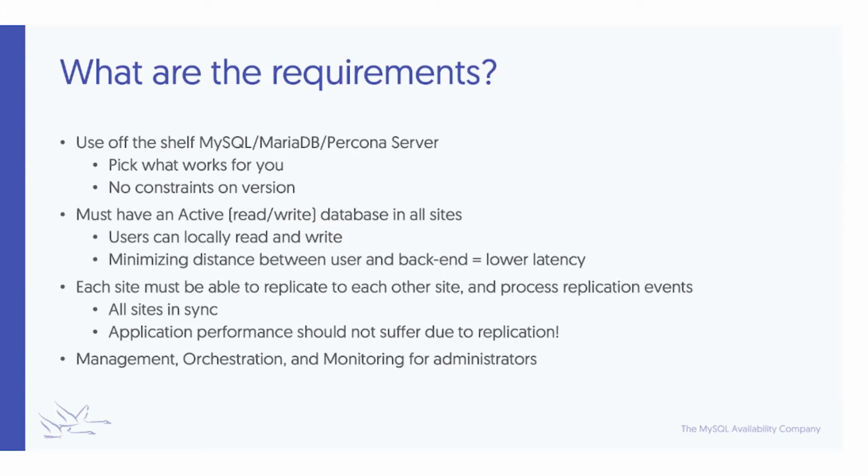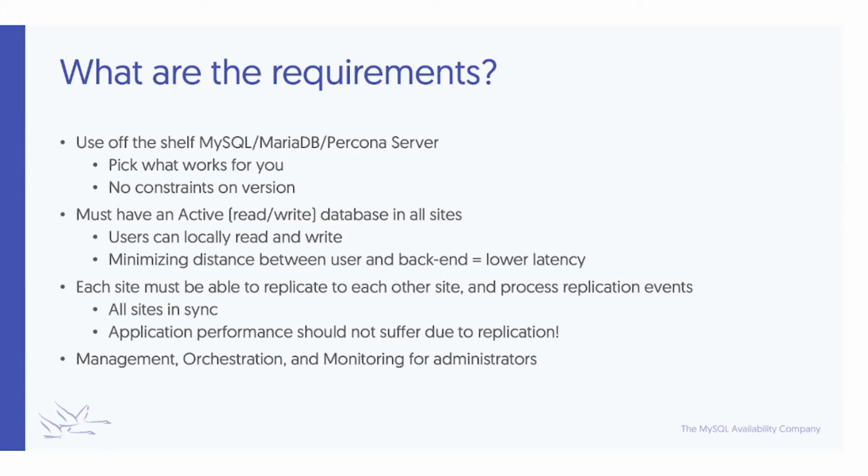We don't want to see an impact to the user just because we're replicating to other sites and we're geo-deployed. And then finally, this needs to be an easy to use package, right? We don't want to have any DIY components. We don't want to have to build additional scripts or mix and match components. We need everything in one package. So that's the management aspect, the orchestration and the deployment, and the monitoring tools that the administrators need.